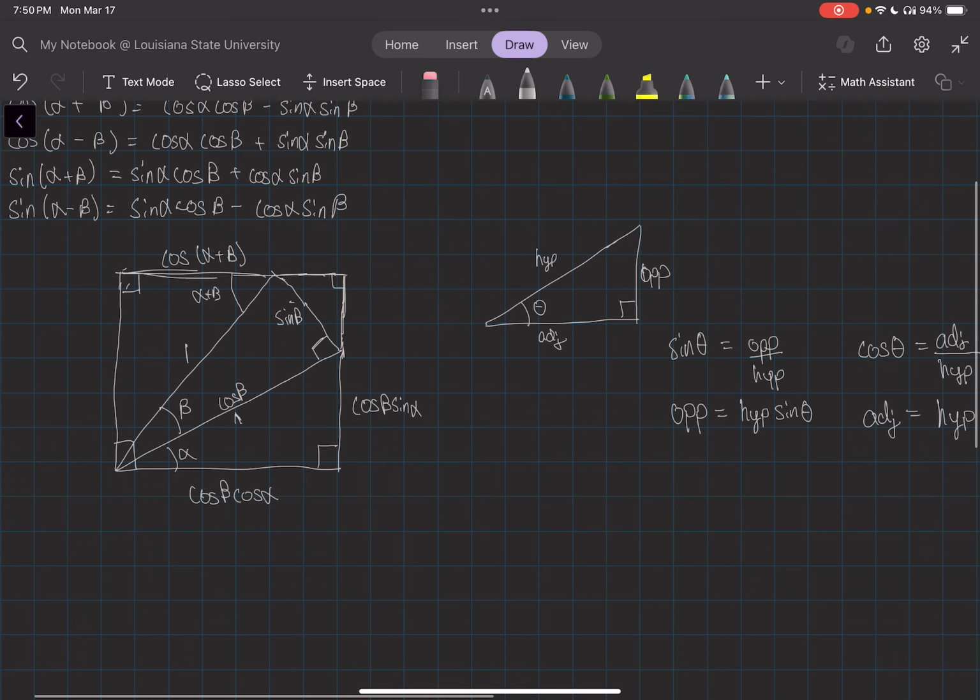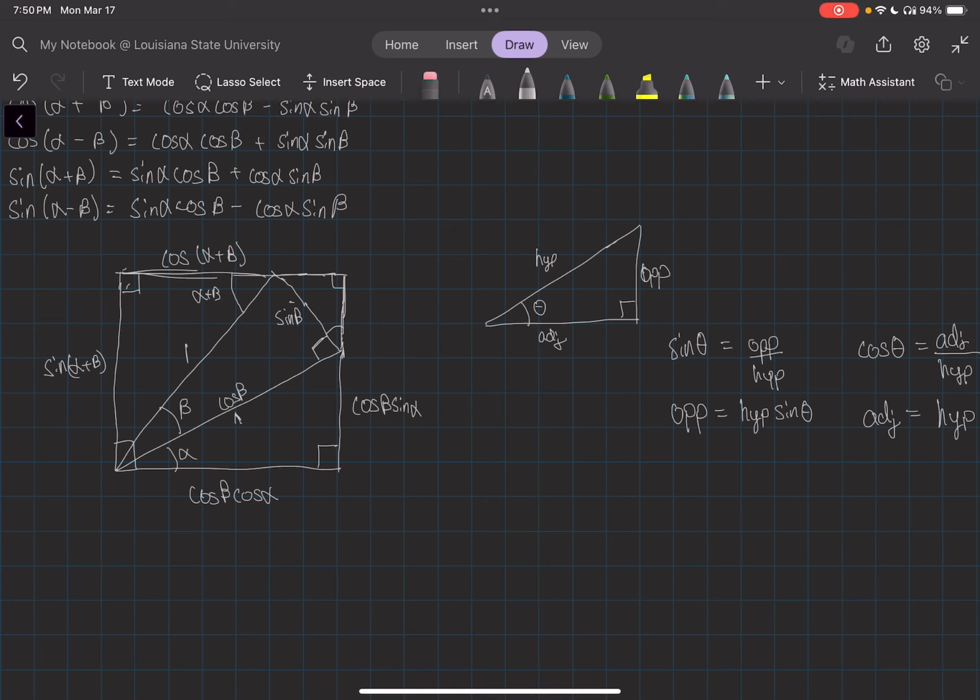And then the opposite of that angle is going to be 1 times the sine of alpha plus beta. And then we just have this last triangle.